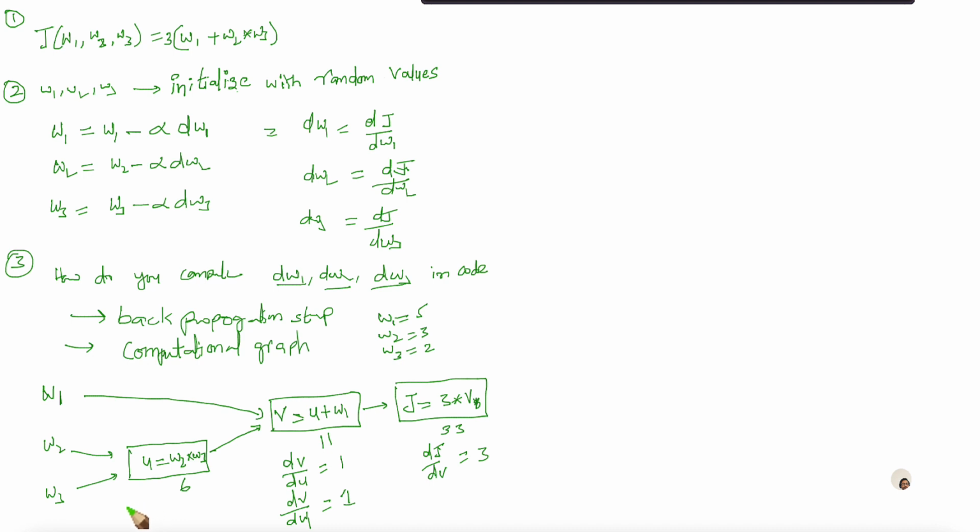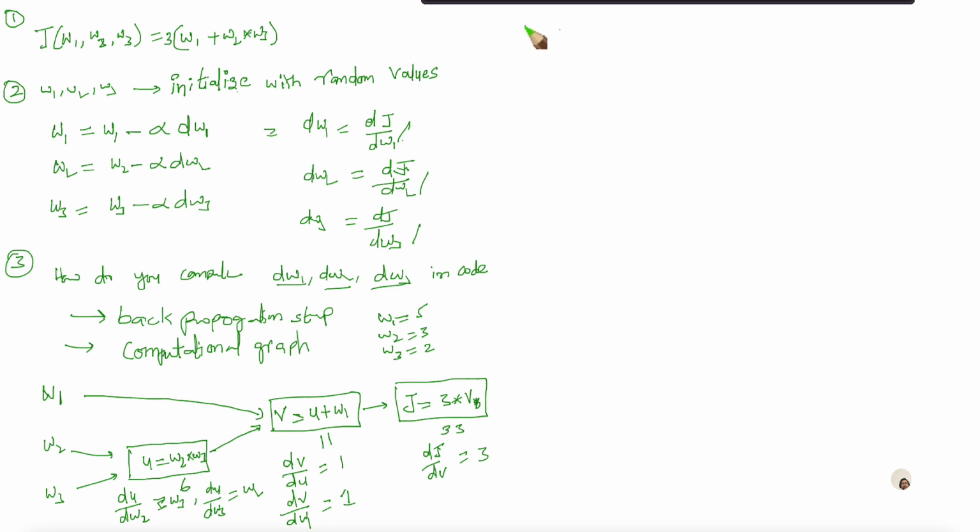And you can compute du by dw2, which is w3, and also du by dw3, which is w2. These are all the things that can be computed here, but what we are interested in is dJ by dw1, dJ by dw2 and dJ by dw3.